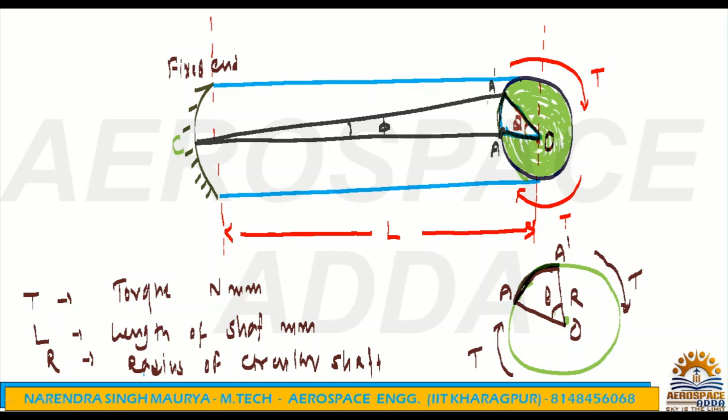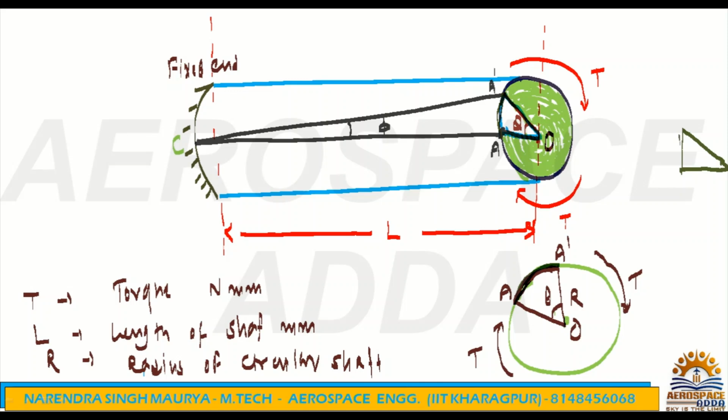If you write tan theta, it is perpendicular by base. So AA dash is the perpendicular for this theta, and the complete length will be the base. You think in this way, something like this.